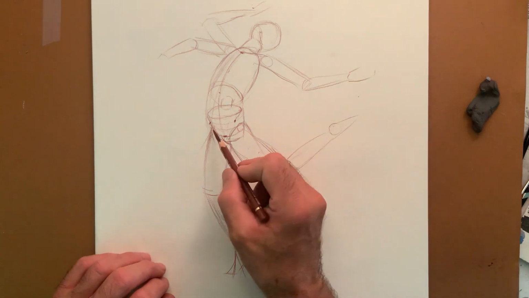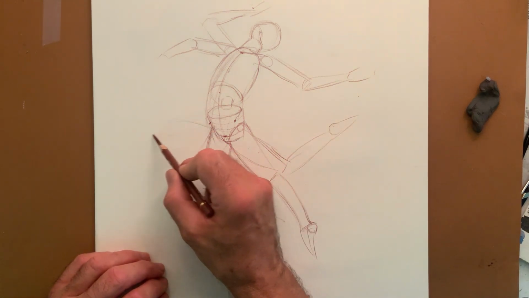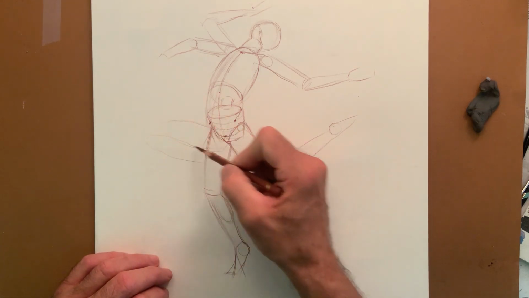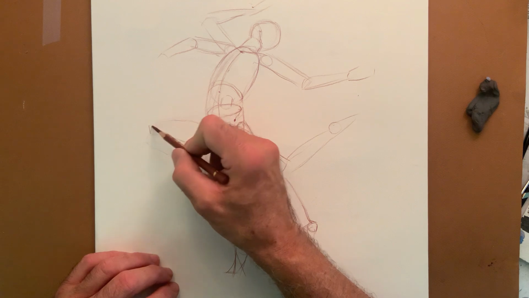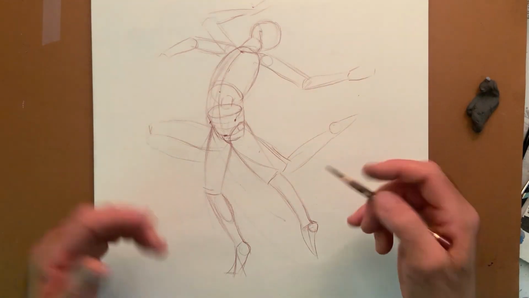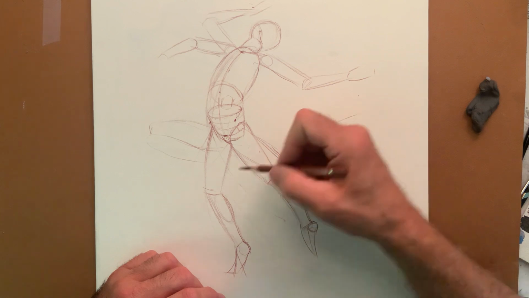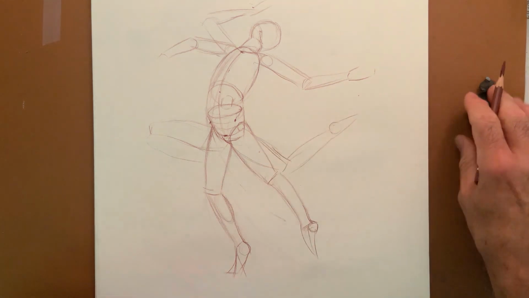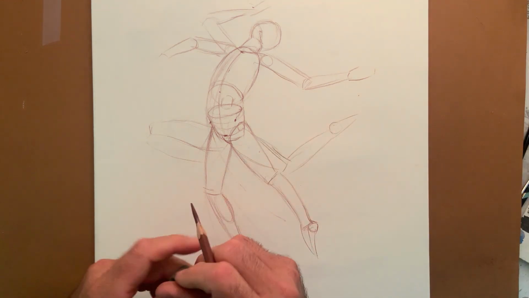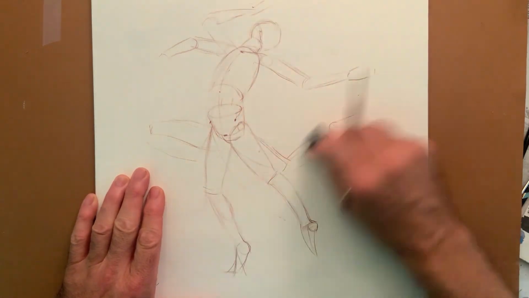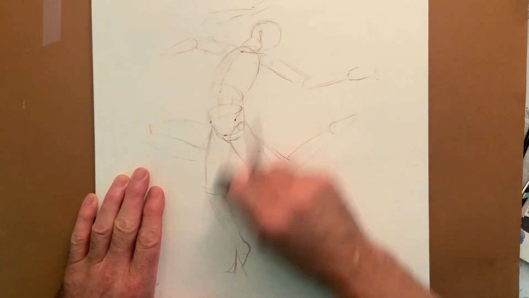So this leg could come up like this, forward like that, and maybe now it's completely flexed under here. See that? We can decide how to move our figure as we create the drawing.